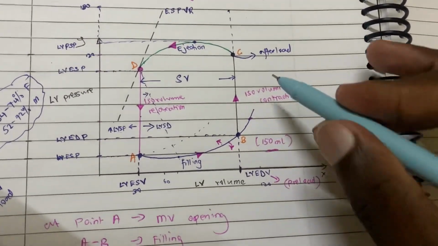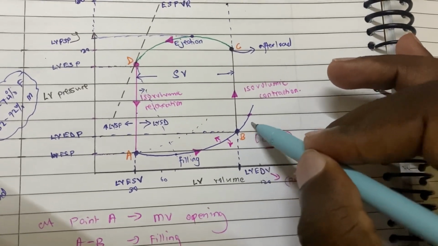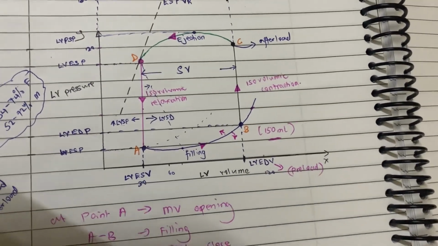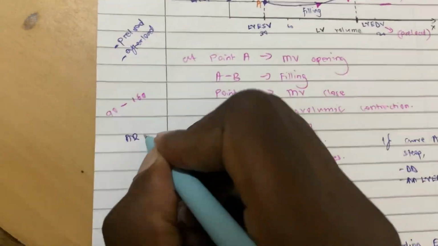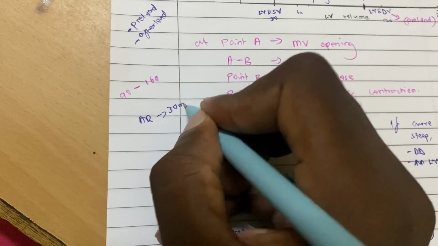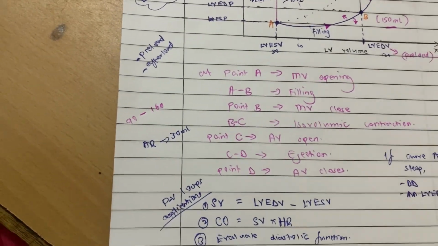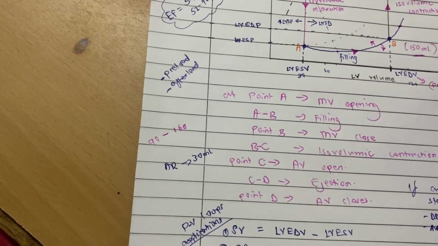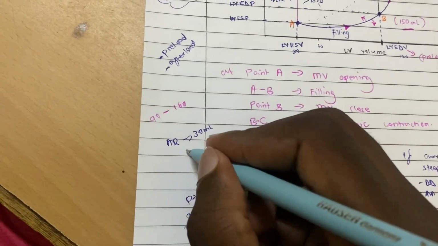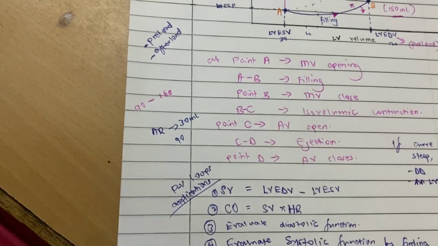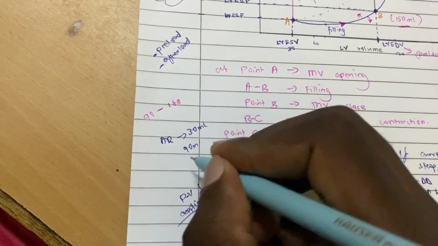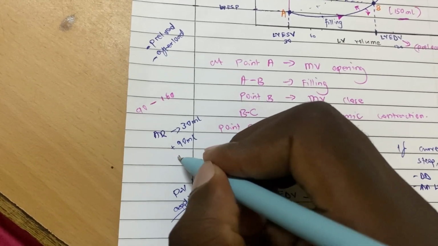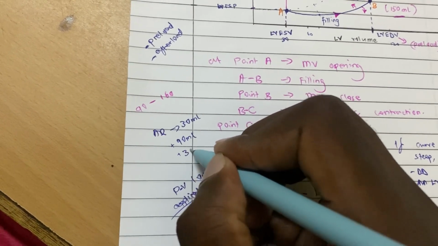And what will be the effect? This point B will also be shifted upwards, because aortic regurgitation brings in around 30 ml, and the normal pulmonary venous return brings maybe around 90 ml, plus the end systolic volume, which is 30.